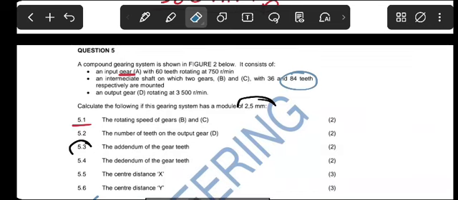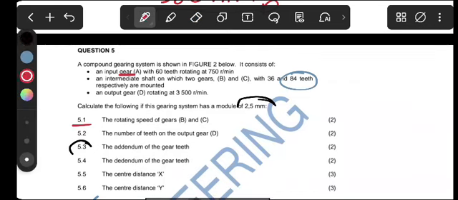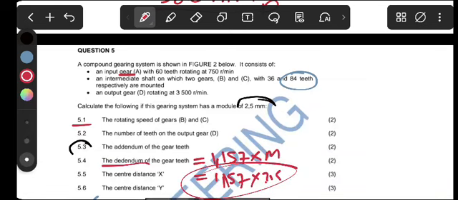So what else do we require? The addendum of the gear teeth. The addendum, guys, is equal to what? To 1.157 multiplied by the modulus. 1.157 multiplied by the modulus, which is 2.5. This will be equal to what? Multiply by 2.5.